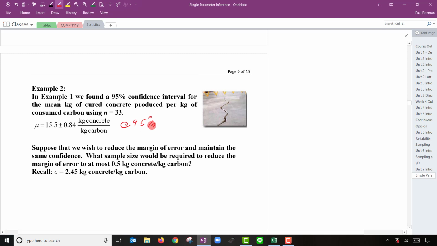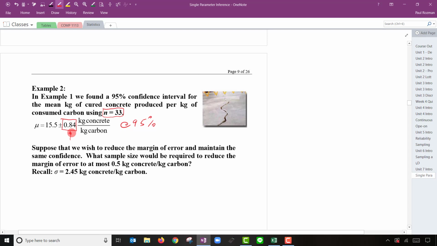But what if 0.84 was too big? We couldn't live with that. What sample size should we have collected in order to get that error down? Obviously, it'll have to be bigger than 33. If we take a sample that's bigger than 33, we'll ultimately get a smaller error.